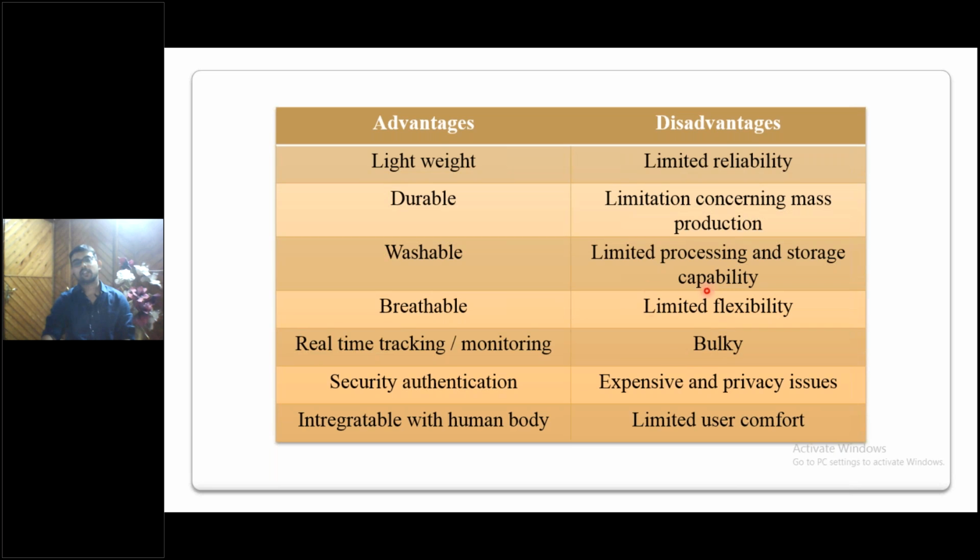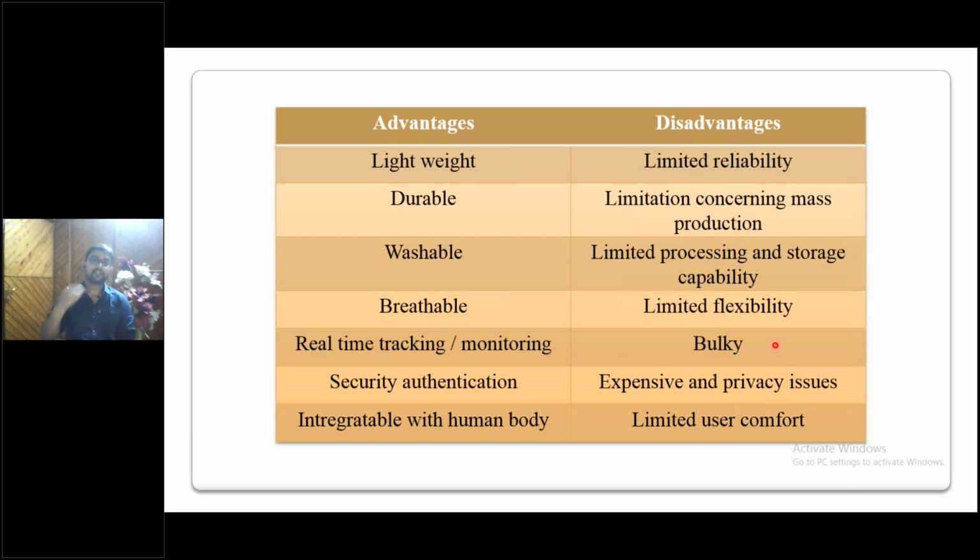Fibretronic garments. Expensive. Yes, it's expensive, because we need to fabricate it also. There is a lot of testing behind this. Once we test it and approve it, then we can design it. And privacy issues, obviously.